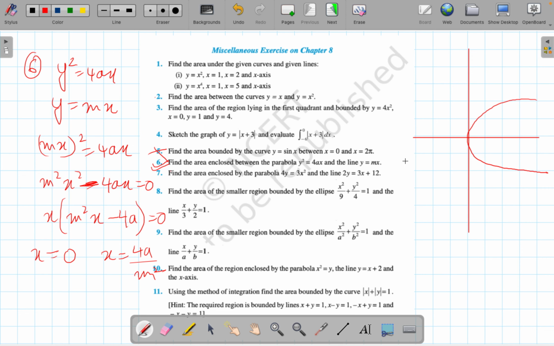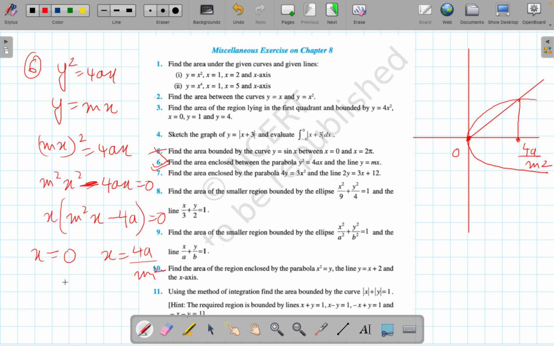So let's just take any random. So this is 0, 0. X is 0, y is 0. And the next is, you take any point which is 4a upon m square. So something like this, the line will look like. So let's say this point is 4a upon m square.